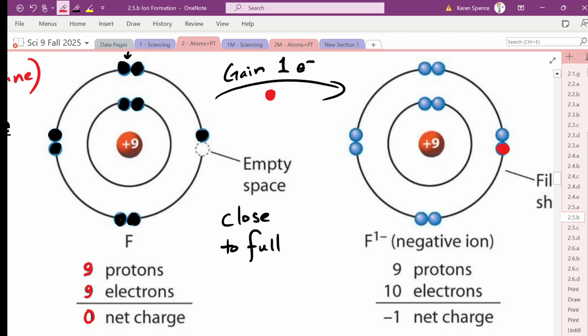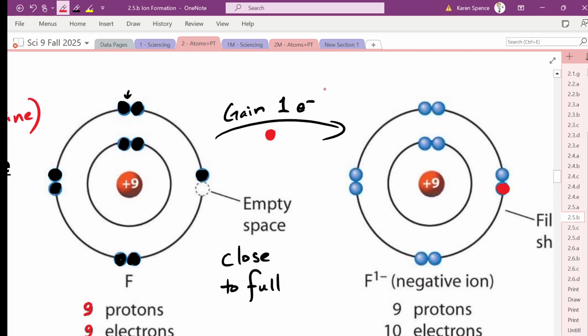There are 2 ways to figure out the charge of this ion. You can say, I have an extra electron. 1 extra electron. Therefore, my charge is -1. Did that make sense? If we have 1 extra electron, we got 1 extra negative thing, the charge is -1.